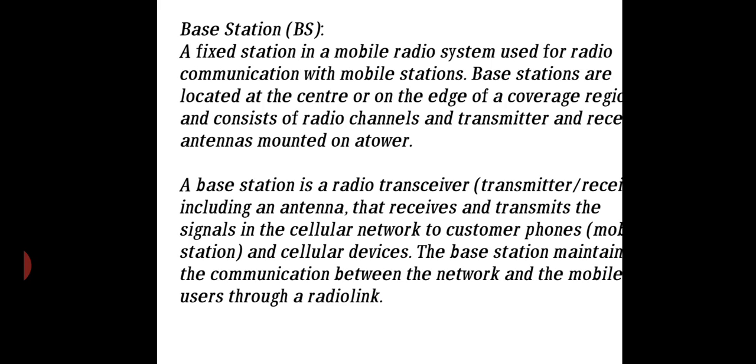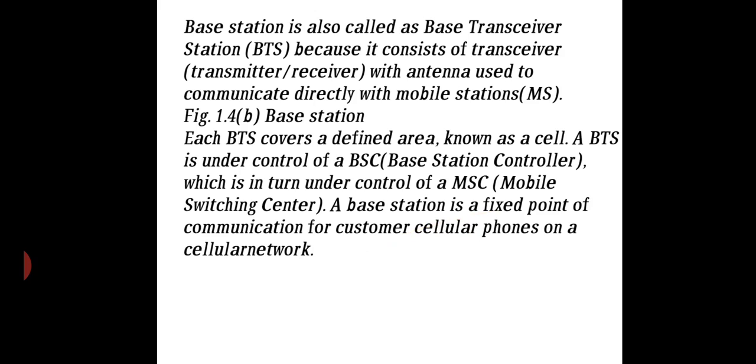The next point is that a base station is also called a base transceiver station, because it consists of a transmitter and receiver with an antenna used to communicate directly with the mobile station.